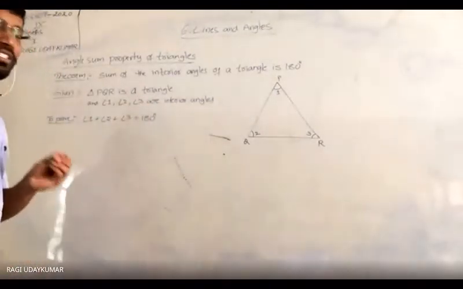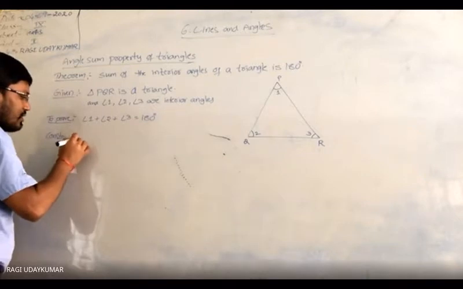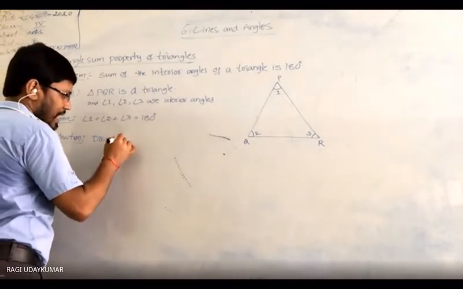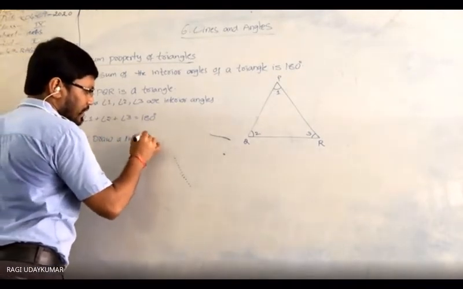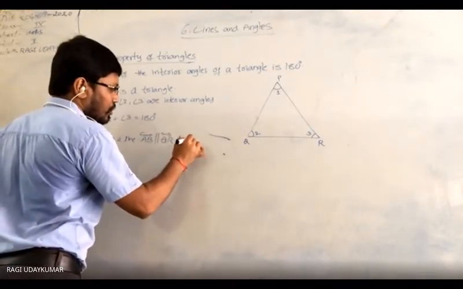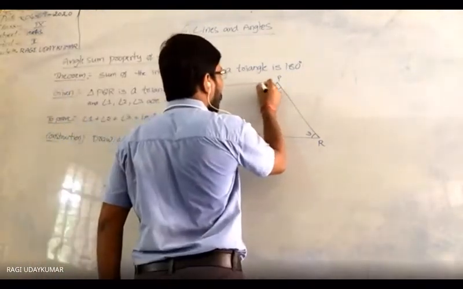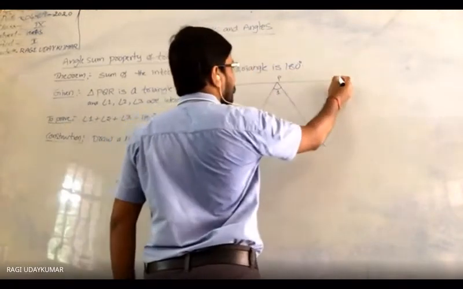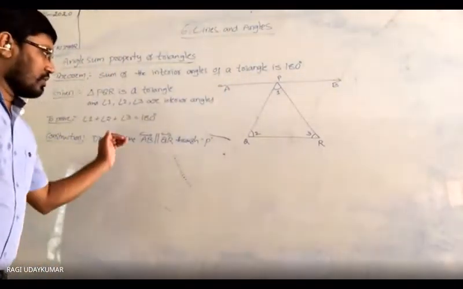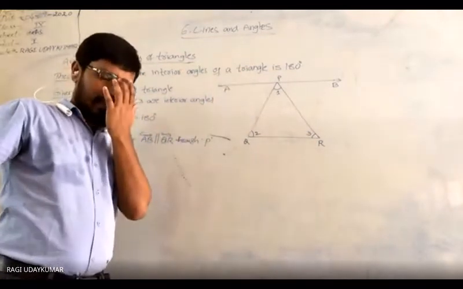To prove this, a small construction is needed. So what is the extra construction we are doing? Draw a line AB parallel to QR through P. AB is a line which is parallel to QR through the point P. So this is the line we have drawn.